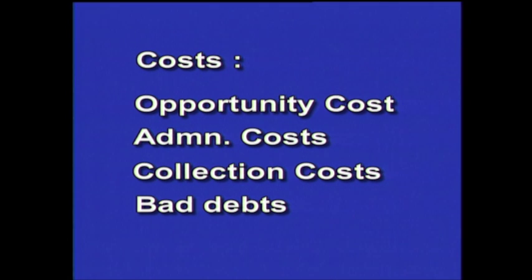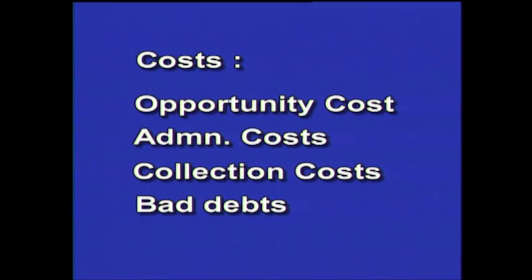The various costs incurred in receivables management begin with opportunity cost. When you have sold goods on credit basis, the goods have been passed on to the customer, but you have not yet received the amount. Had this amount been available with you, you would have invested it somewhere and got a return. That return you are foregoing, and that is your opportunity cost. Another cost with regard to receivables is administration cost.